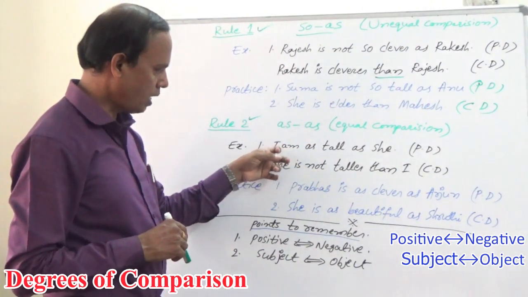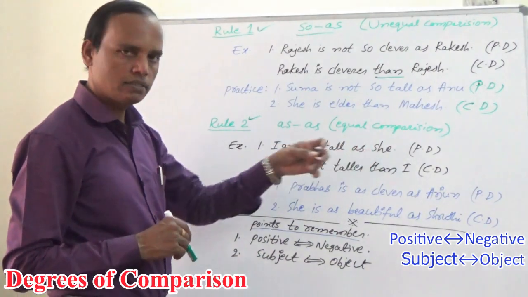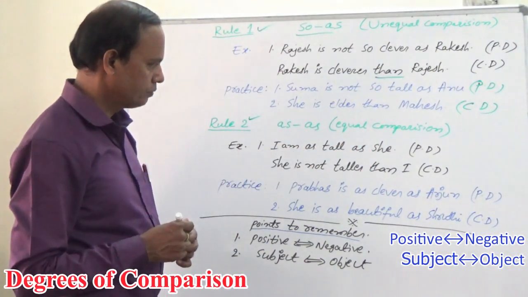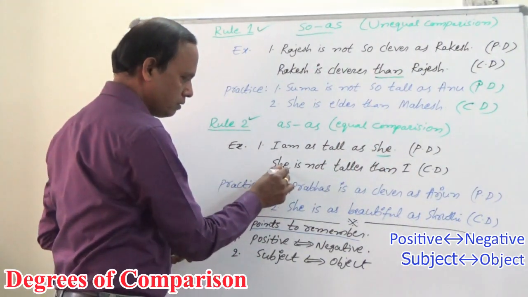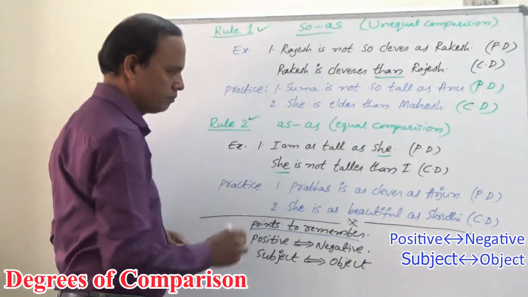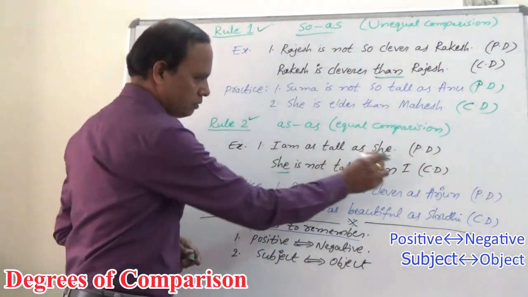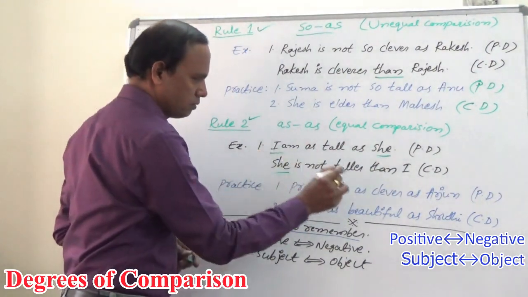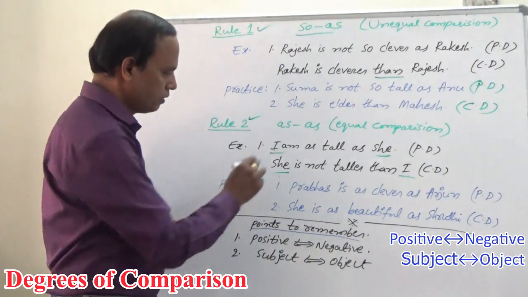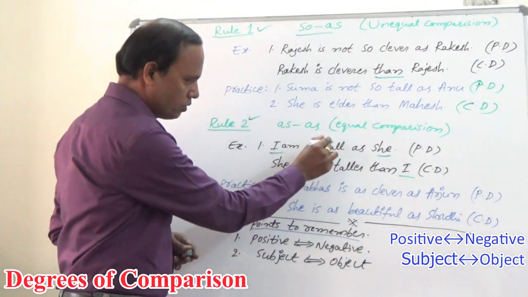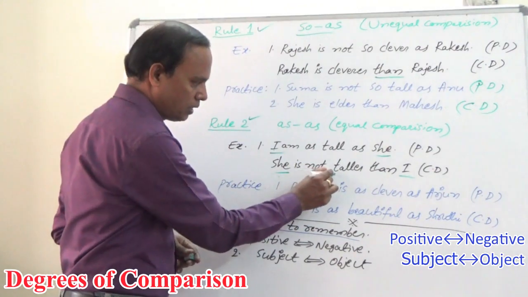In positive degree: I am as tall as she. She comes here, I goes here. She is not taller.